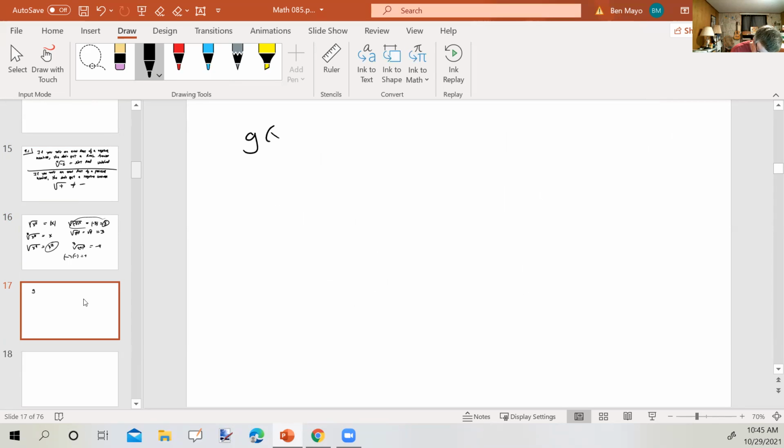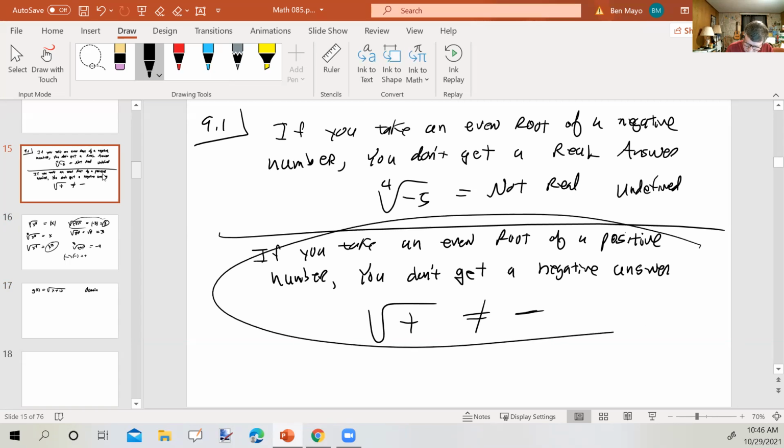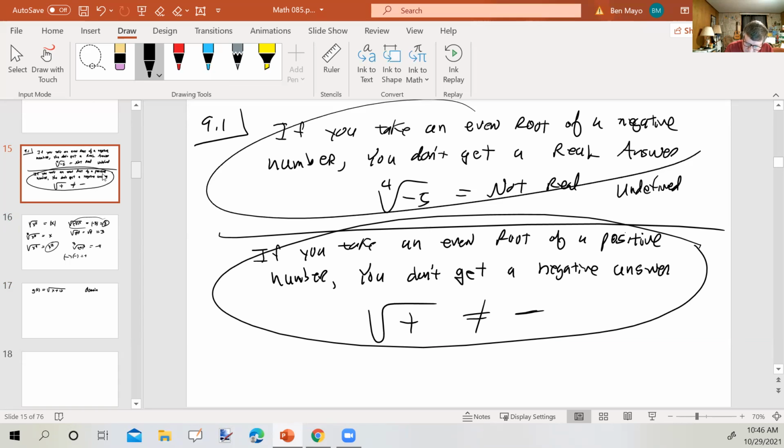If you have some function and you're taking an even root, so square root, fourth root, sixth root, if the index is even, and you're asked to find the domain, we go back to this rule. If you take an even root of a positive number, you don't get a negative answer, okay, good.